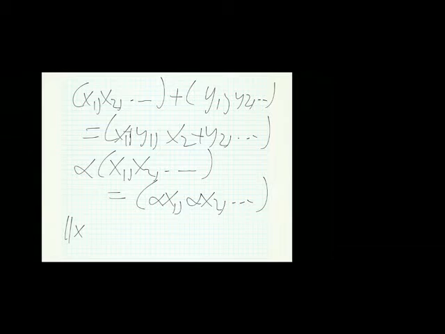Now, what you can do, so how can you define the norm of x? x is the sequence x1, x2, etc. Well, this is where that condition that they're eventually 0 is important, because what I want to do is write this using some notation that you might remember from calculus.